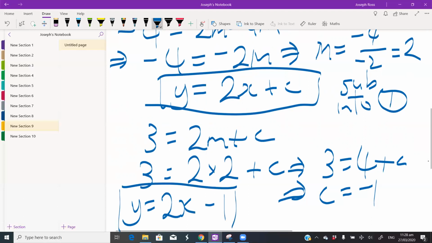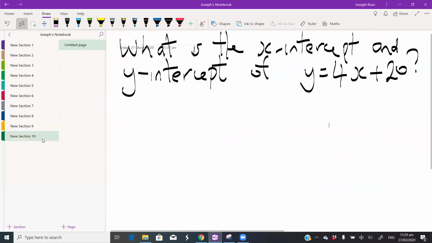Okay, and the last question we're going to look at in this mini lecture: we've got an equation of a line which is y equals 4x plus 20, and we want to know what the x-intercept and what the y-intercept is. So when we're finding an intercept, we make the other letter equal to 0.